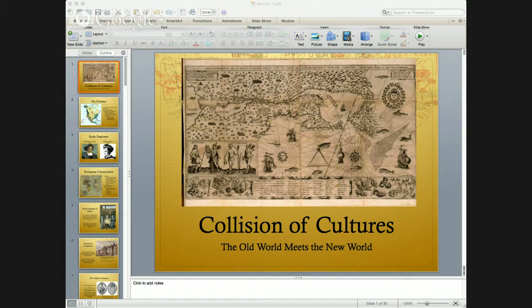So you can see these four nations, England, France, Spain, and Portugal, started competing for these new territories, started competing for possession of these new lands and all the raw materials that they could acquire from these lands.